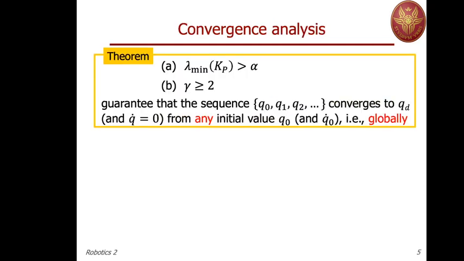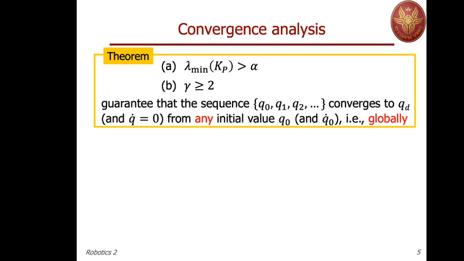Now we have a theorem that proves convergence of the sequence of steady state configurations that we will reach, starting from a generic value Q0 and then proceeding over the iterations. The theorem says that if the minimum eigenvalue of the diagonal positive definite matrix Kp is larger than alpha, and remember that Kp is diagonal, so this is also the minimum element on the diagonal of Kp.